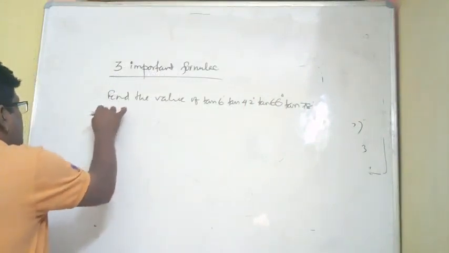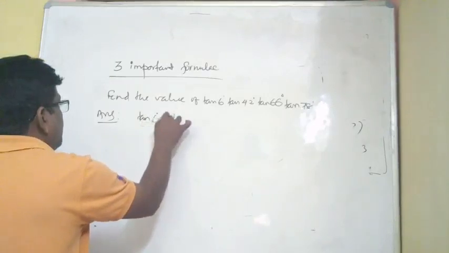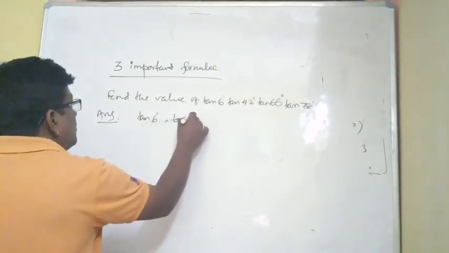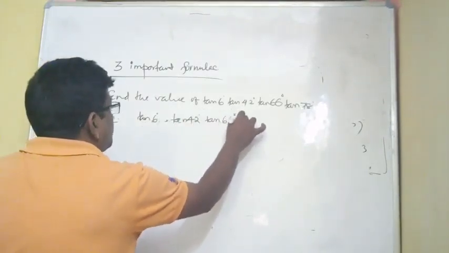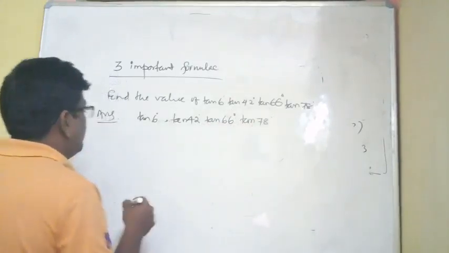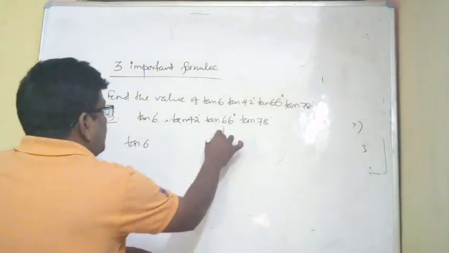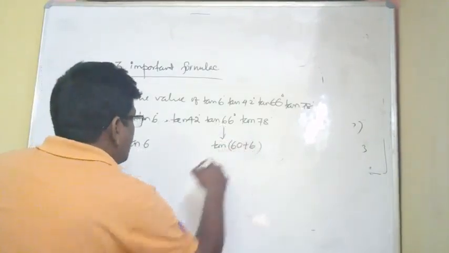Here tan 6° is present, and here tan(60° + 6°) is present.